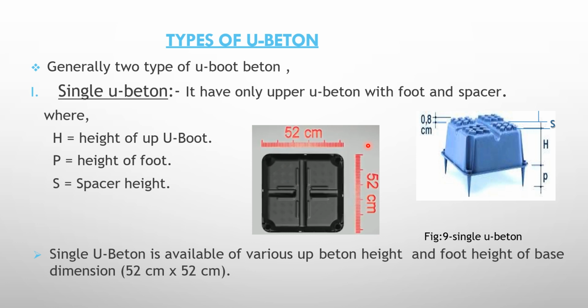The size is usually in a square or cube form, 52 centimeter by 52 centimeter, with available heights and base. S means the spacer height, as you can see here.